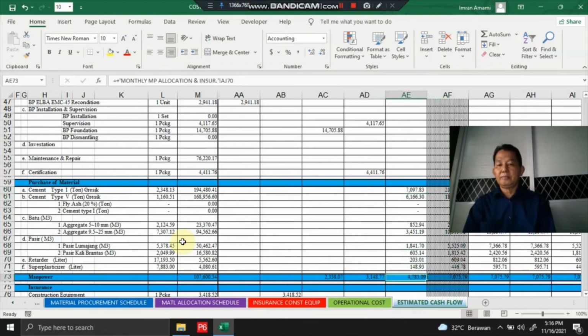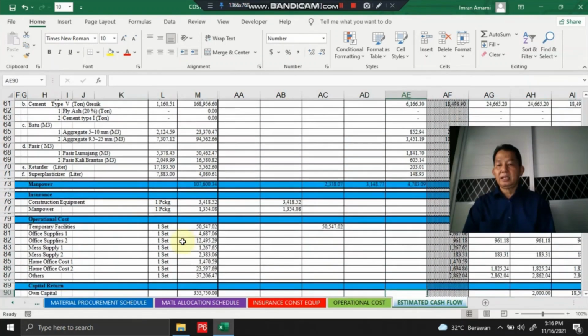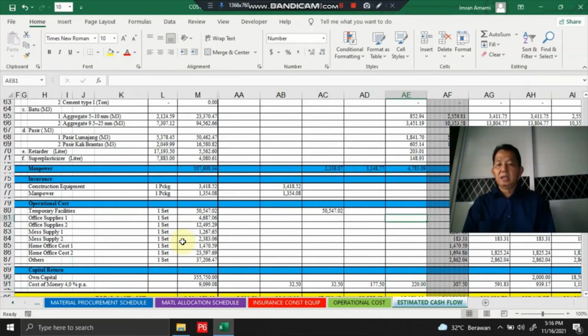Okay, and then for the office, the temporary facility, and the construction equipment, we allocate this cost 4 months earlier before the first month of concrete supply. Also for the manpower insurance, 4 months earlier.